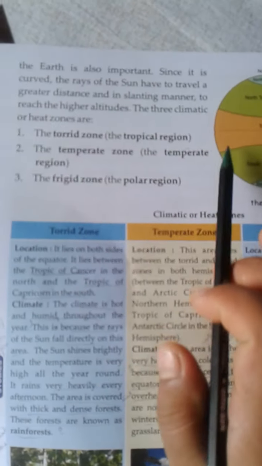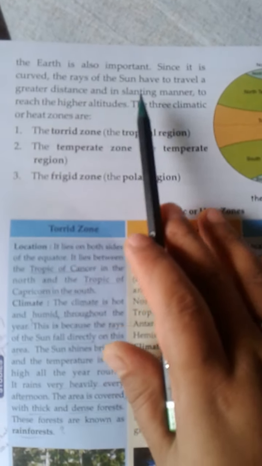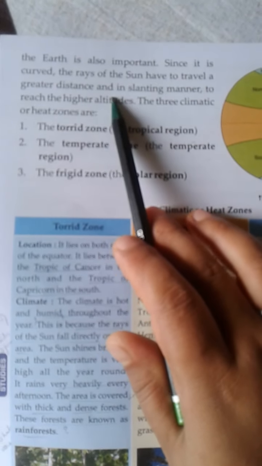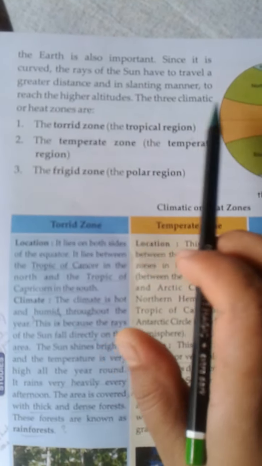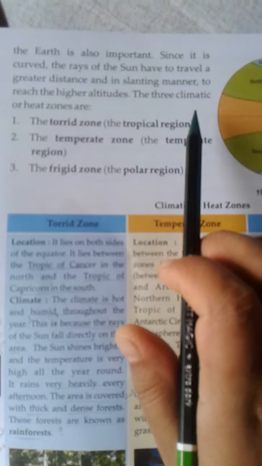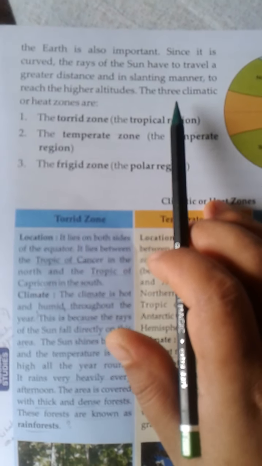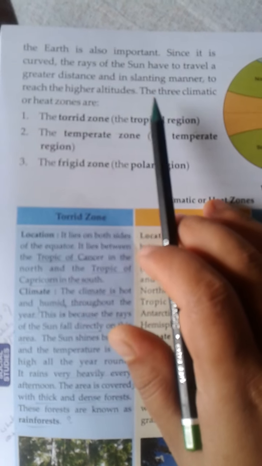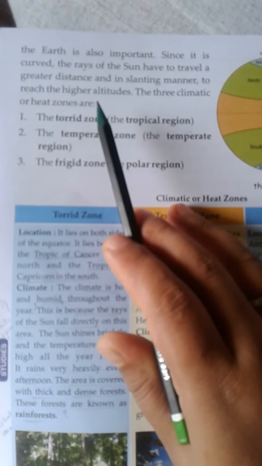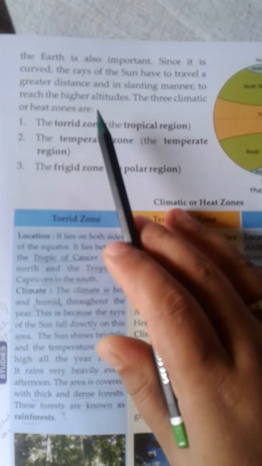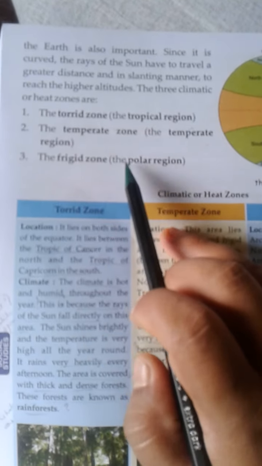Since it is curved, it is not a straight or parallel line, so the sun has to travel a greater distance and in a slanting manner, not in a straight manner, to reach the higher altitudes. That's why the division of the climate or heat zones is made. So these are the three heat zones.